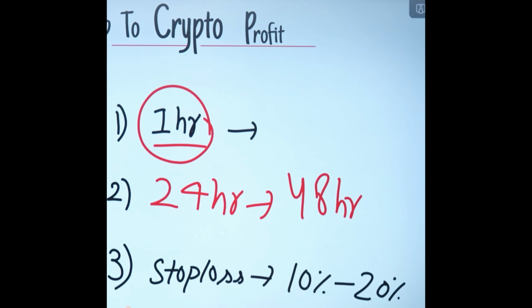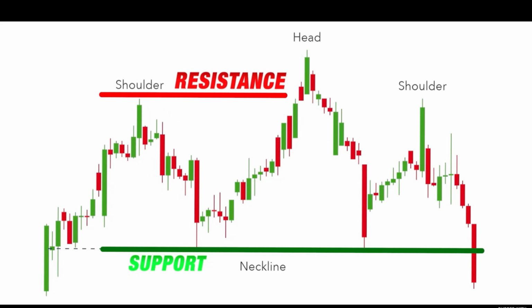Now when the trade lasts longer, what will happen? If I am looking at a 1 minute candle, then in this 1 minute candle, if we talk about Bitcoin, it might have moved 200 points up or down. But if this candle is a 1 hour candle, then Bitcoin might have moved 2000 points up or down.